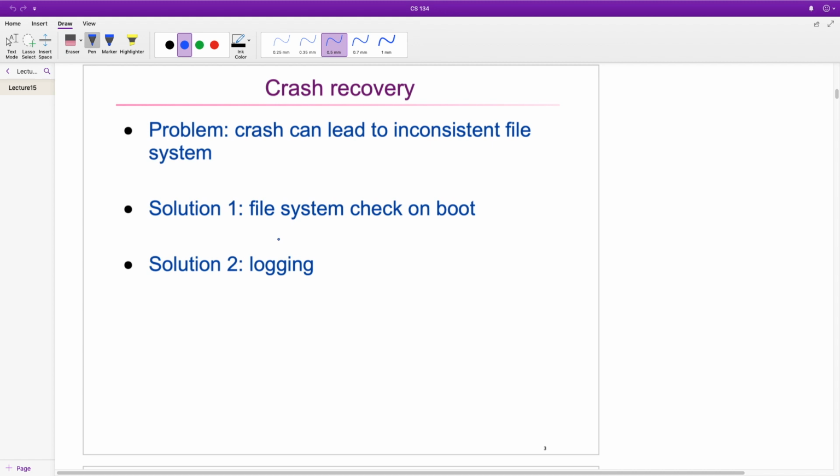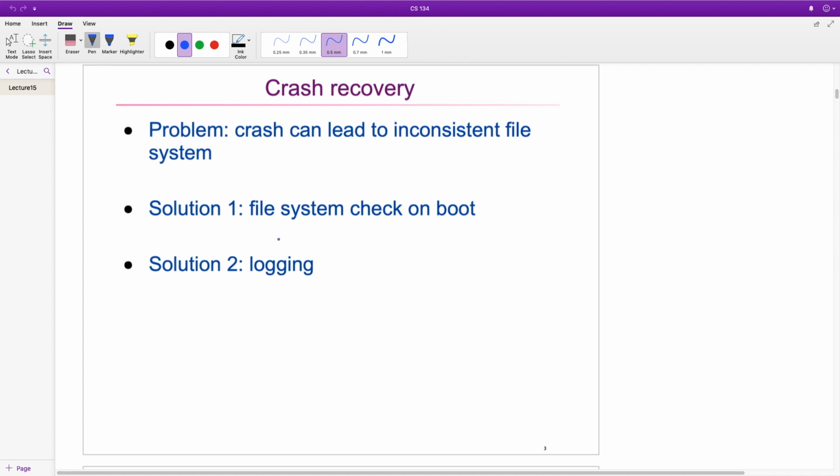So let's look through the operations that happen in writing that new file. We've got to allocate an inode. We've got to allocate a data block, which means updating the bitmap. We've got to write to that data block. We've got to update the inode to update the size and that new block number.